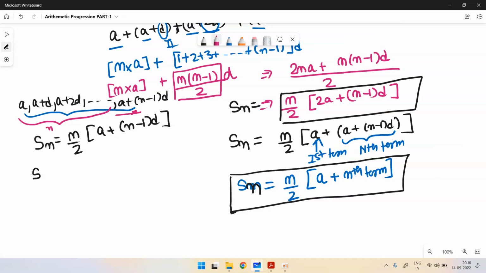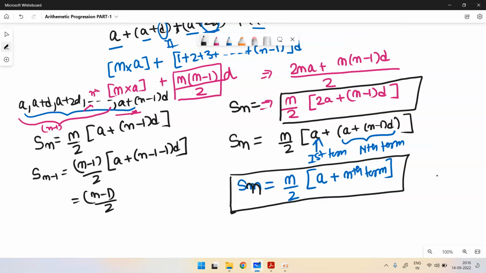This is my sum till the nth term. So sum till the n minus 1th term: in place of n, you can write n minus 1. This is (n minus 1) minus 1 times d. Nothing but (n minus 1) by 2 into (a plus (n minus 2) into d).